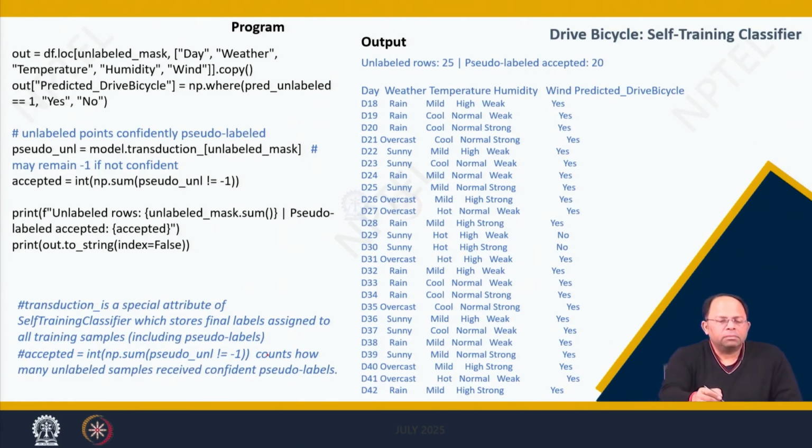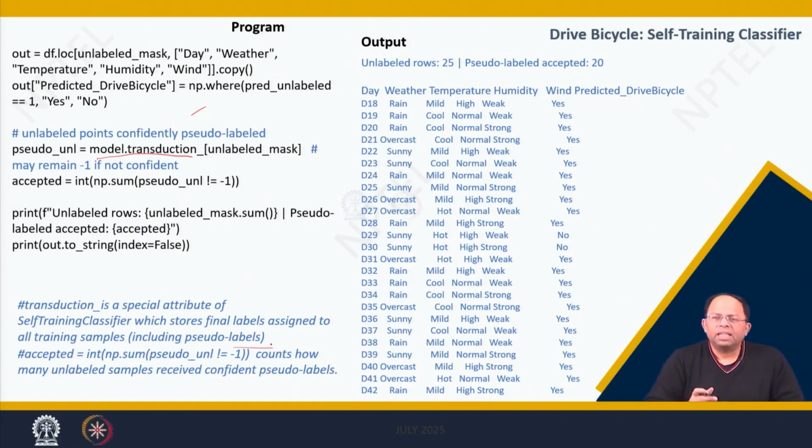Again, this part remains the same, that is, we are storing the different variables. Then this transduction is a special attribute of the self-training classifier which stores the final labels assigned to all training samples, using the pseudo labels as well.